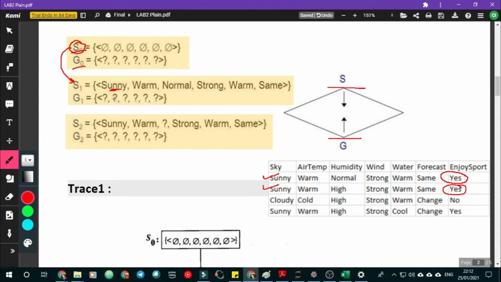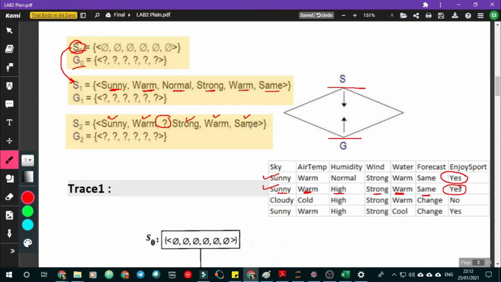So sunny and this sunny, no change. Warm and warm, no change. Normal and high, I need to change, question mark. So from normal I change to question mark. Strong, no change. Warm, no change. Same, no change.